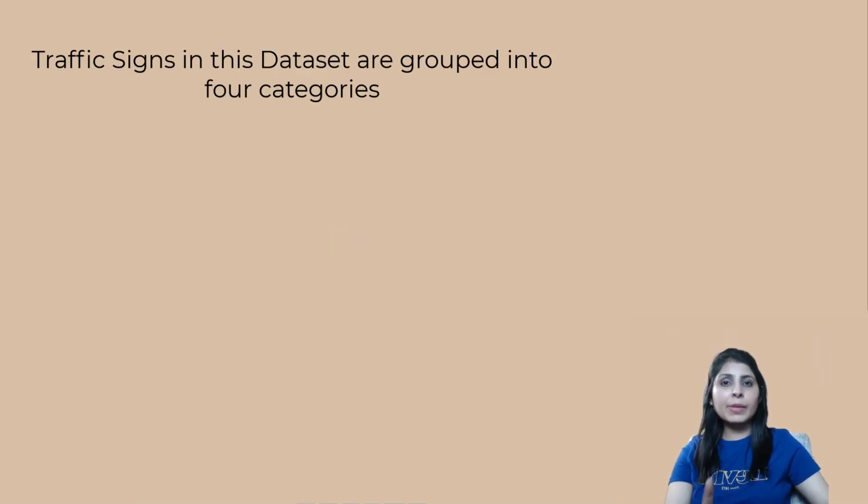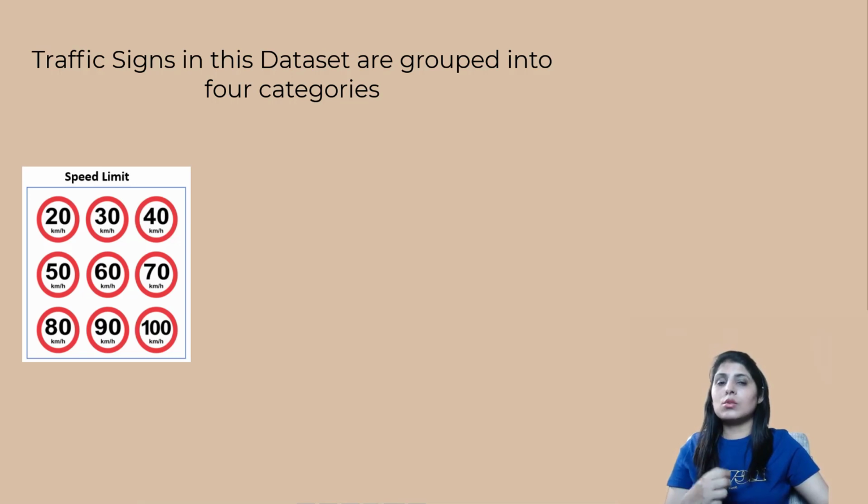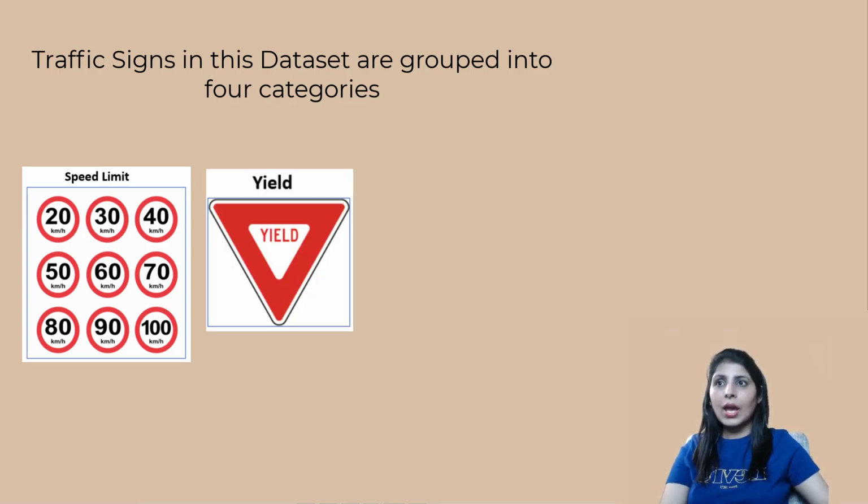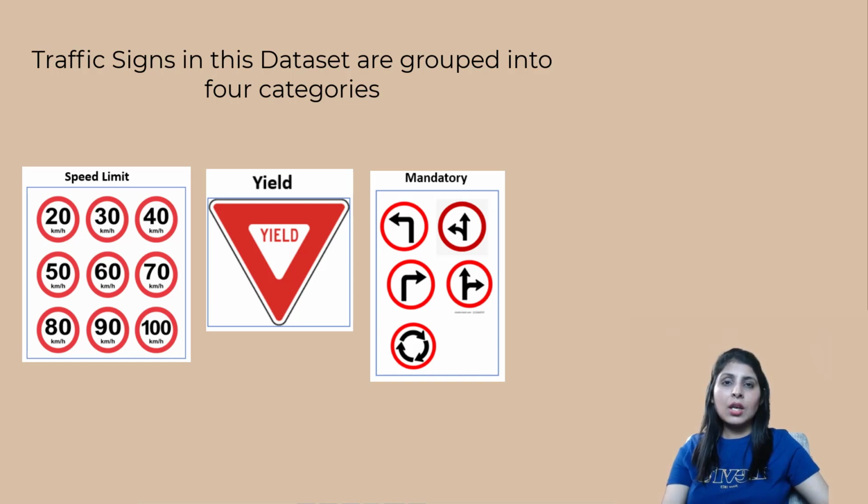So one class is speed limit, right? Speed limit means 20, 30, 40, 50, 60, like different speed limits. The second class is yield, and the third class is mandatory. This mandatory class has traffic signs like go left or go straight, go left or straight, keep right, keep left, roundabout.